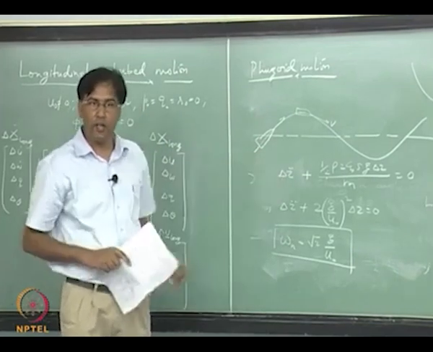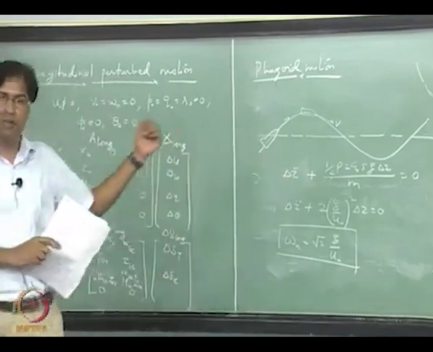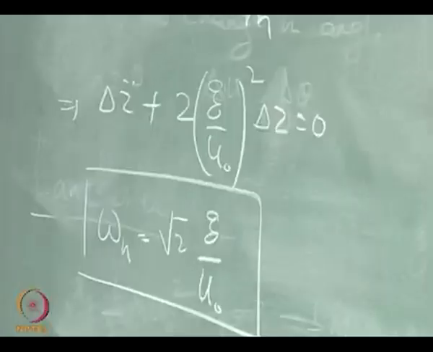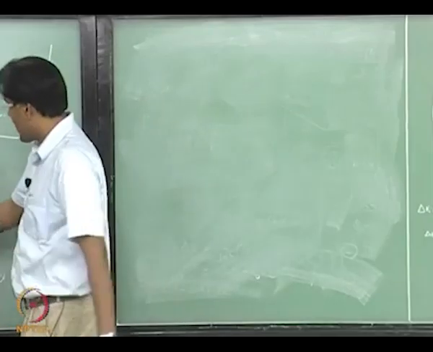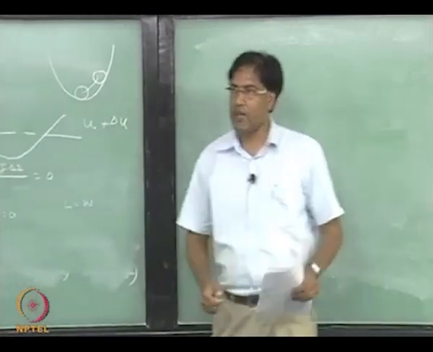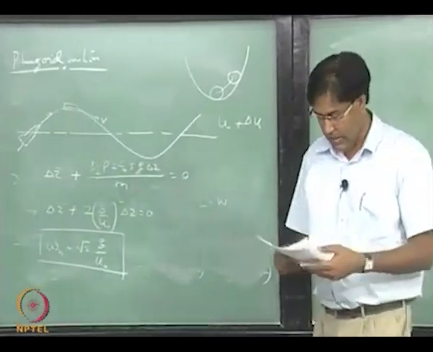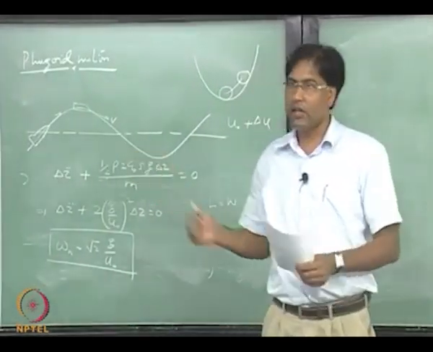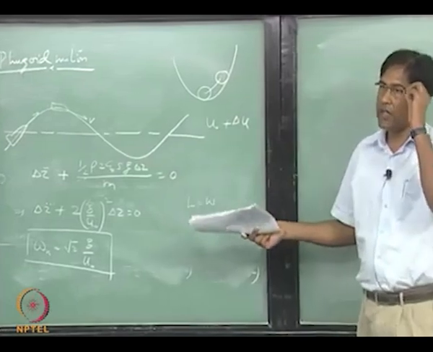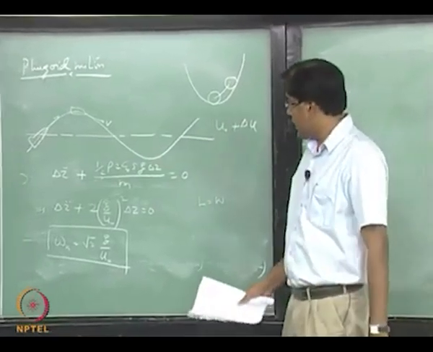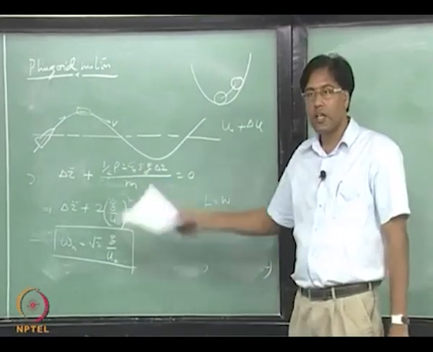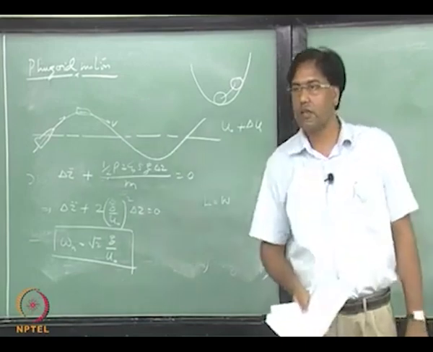Somehow it has got neglected because of the assumptions that we have followed. So, Lanchester could only arrive at an expression for the frequency of the Phugoid motion, and he could not give any expression for the damping, and therefore, he could not comment on the stability of this motion.